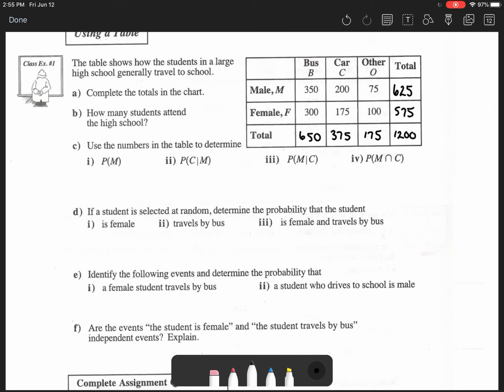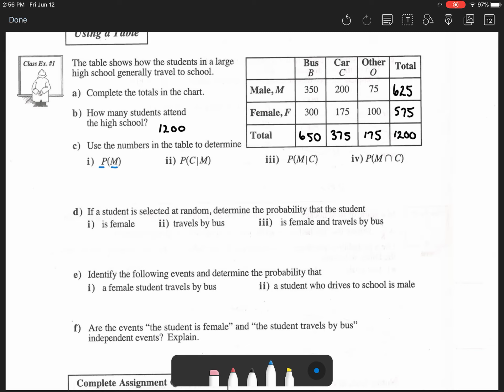Now, B says how many students attend the high school? Well, that's just the total number, so that's going to be 1,200. Now we get into some notation. It says use the numbers in the table to determine, first, P of M. Remember the P stands for probability, so this is the probability of M, and in the chart capital M is the male. So what's the probability of dealing with the males?